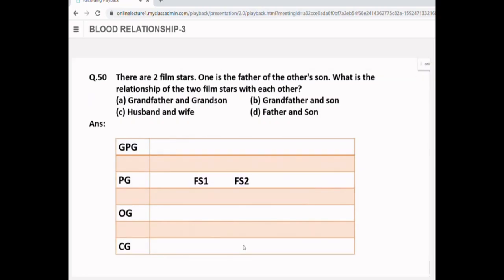There are two flame stars. First sentence is over. One is the father of other son. So FS other, let me take it as FS2, his son. So FS1 is the father. Second sentence says one is father of other son. What is the relationship between the two flame stars with each other?